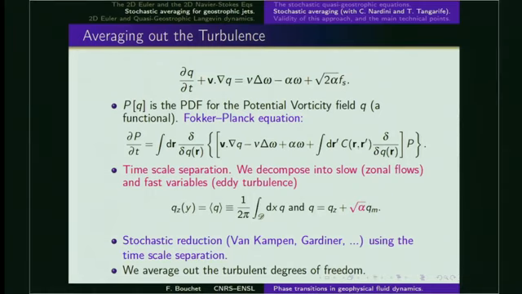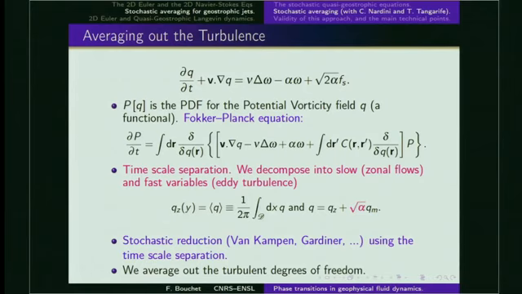Technically, what we do is nothing else but stochastic averaging. We do it in a way that is common for theoretical physicists. We write P of Q, the PDF for the potential vorticity field. Mathematicians do not like this because the Lebesgue measure does not exist here; we are in a space of functions.